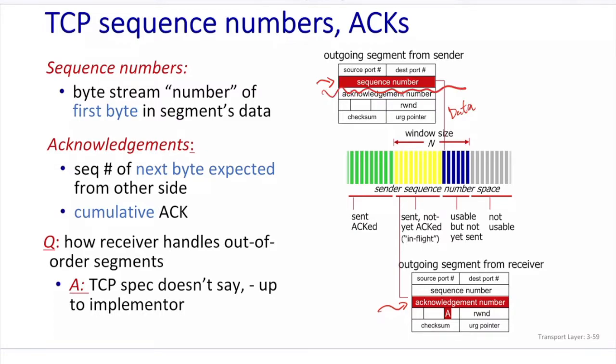If you send an ACK packet back to the sender, you have to write your next expected sequence number, which is the acknowledgement number right here. And don't forget that you should set the A bit right here to 1 to explicitly indicate that it is an ACK packet. Okay, so that is it.